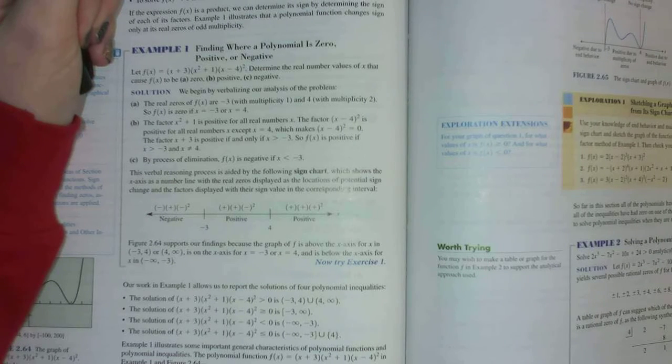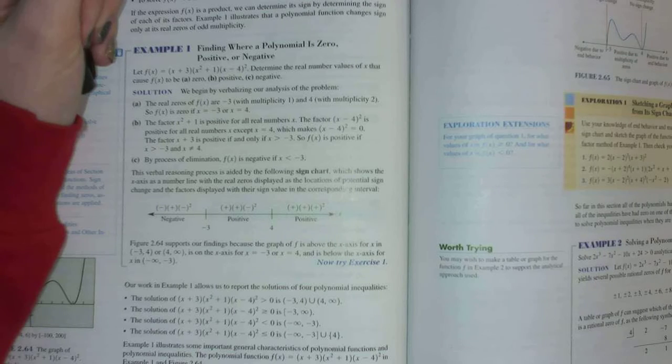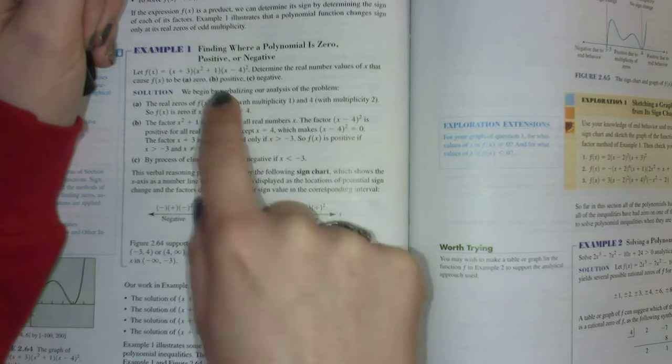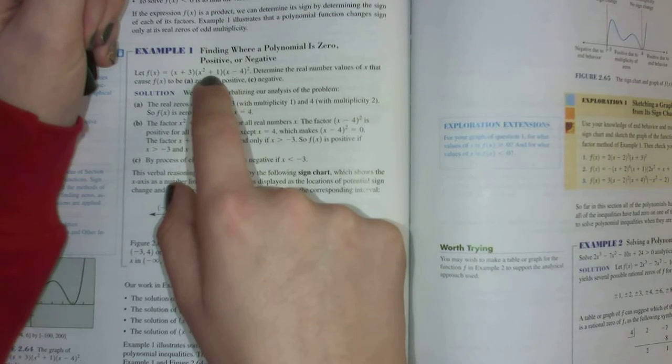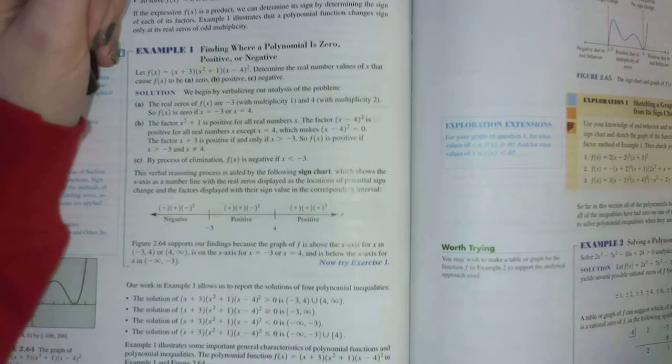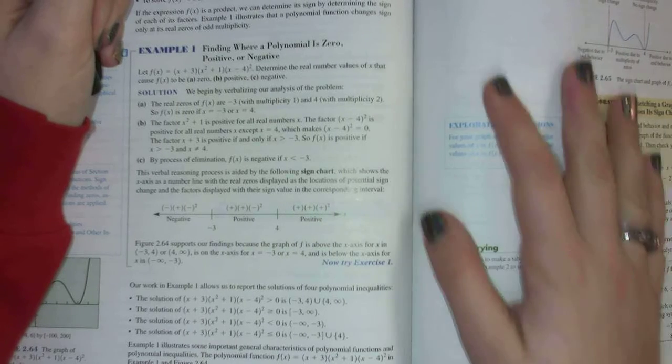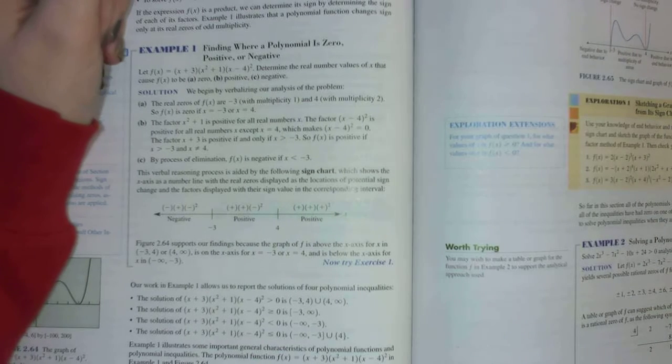First, we need to find all the zeros and the multiplicities of them, which aren't as important with this stuff because it's just like a double 0 there. So the real zeros are at -3 and 4, because for x squared plus 1, if we set that equal to 0, x squared is equal to -1, so x is equal to i, and obviously that's non-real, so we don't have to worry about that one.